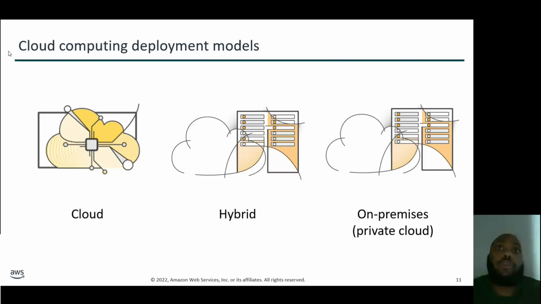Then 90% of your other servers will be on the cloud to run basic input output functionality, request response, and all of that. And then you have something known as on-premise, where you need all your information.